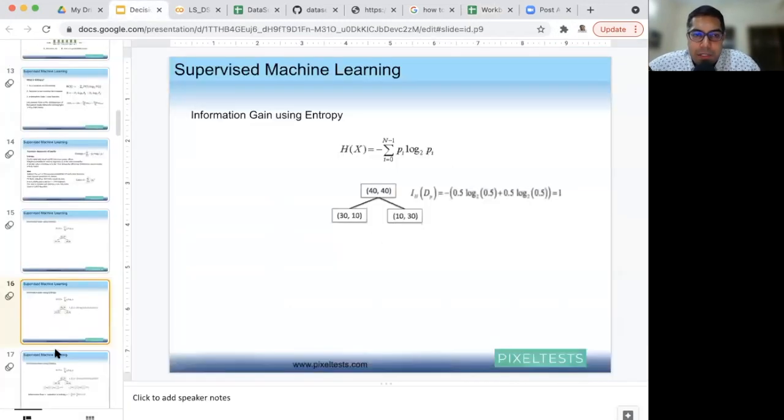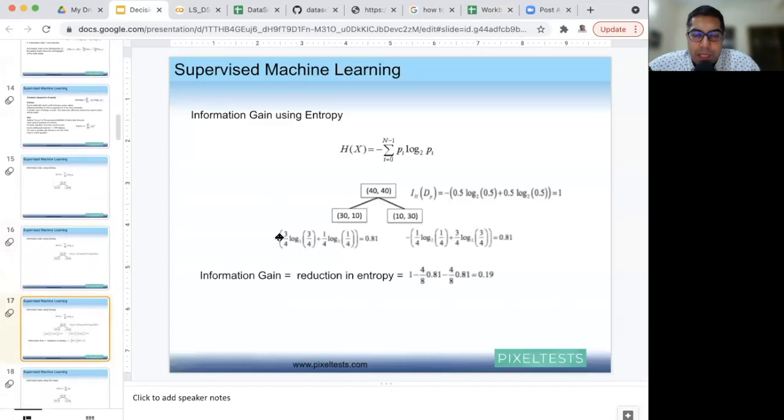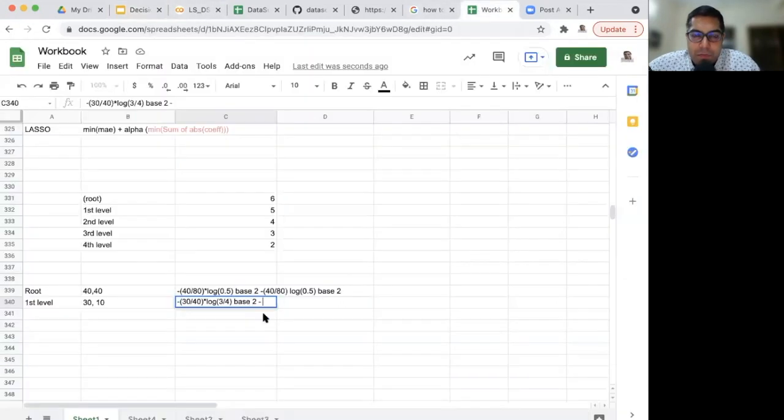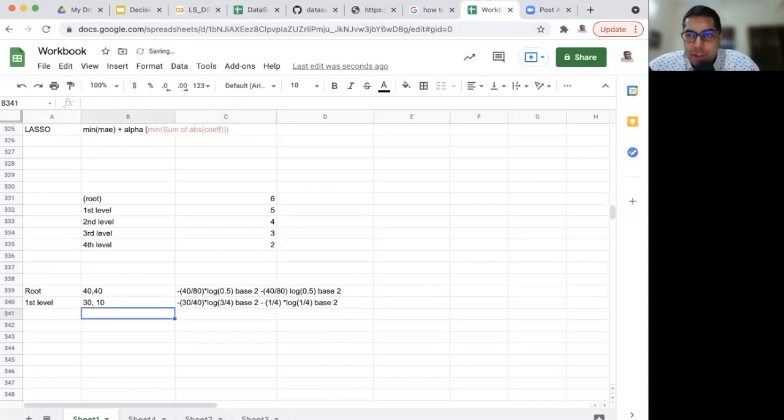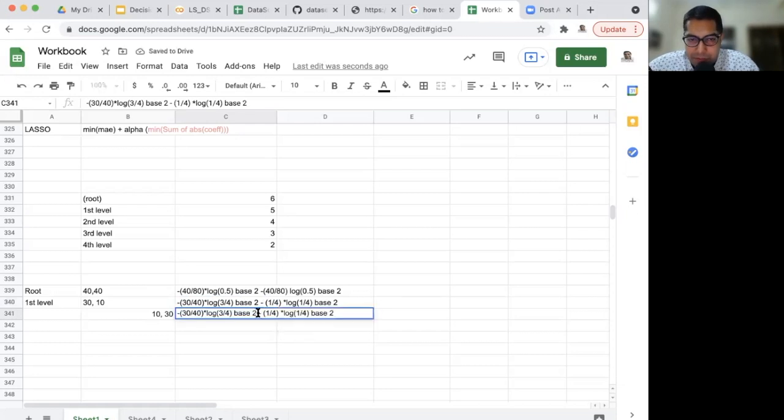Let me just double check if this is going correctly. Yeah, 3 by 4 log 3 by 4 plus 1 by 4 star log 1 by 4 base 2, right? This gives me the value for that small leaf. Now there's another leaf with 10-30 elements. If you actually rearrange this, you'll pretty much know that the numbers are the same, right? It will be the flipped versions of these, in fact. So I'll just do that here.